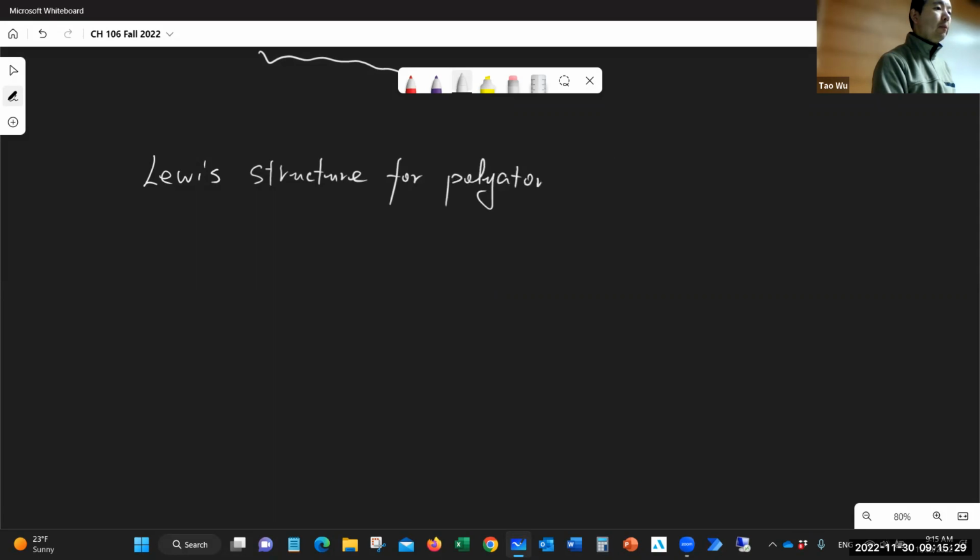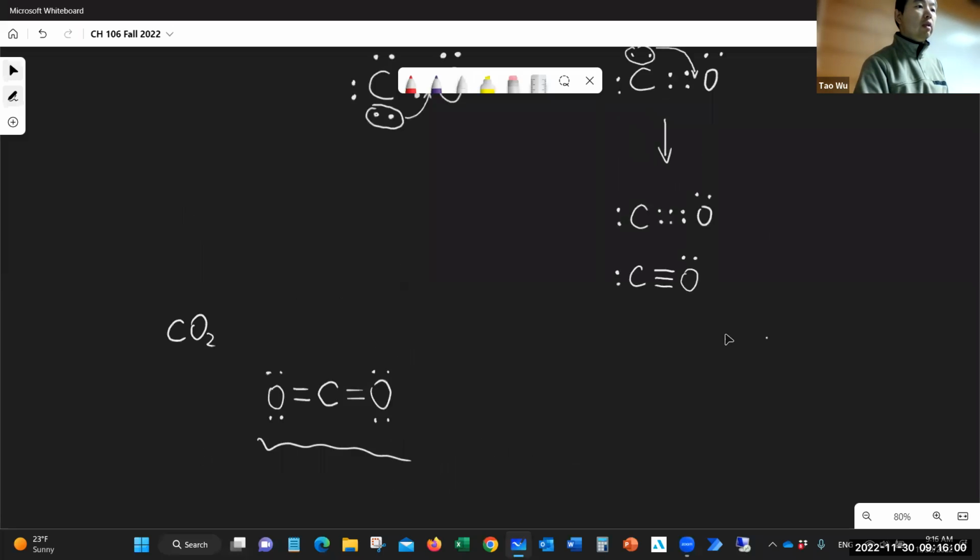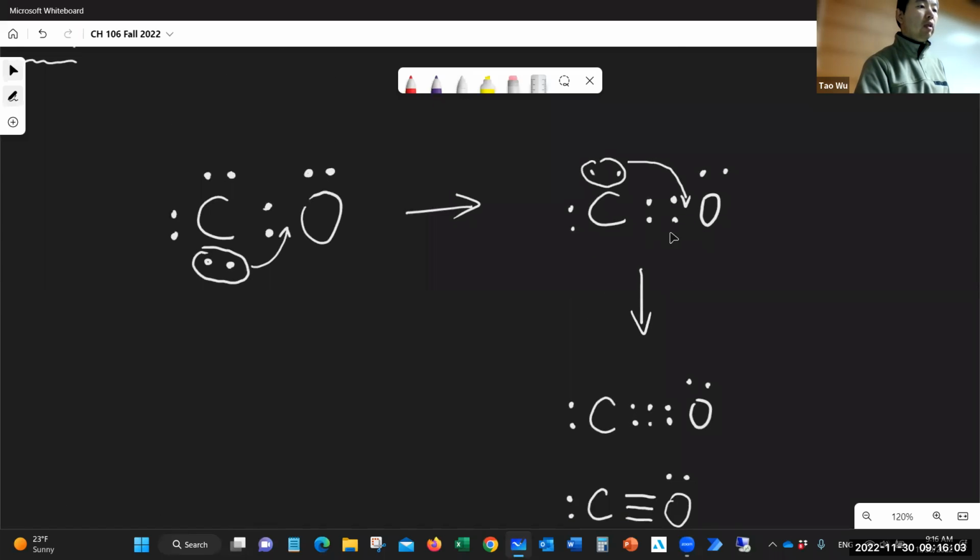The previous one, why did I choose 2 dashes? Why are there 2 dots? Why can't they have a double bond, right? Only 2. If you only have 2 pairs of shared electrons over here, it won't work, right? In this case they already have 2 pairs of shared electrons, but oxygen still doesn't have enough dots.